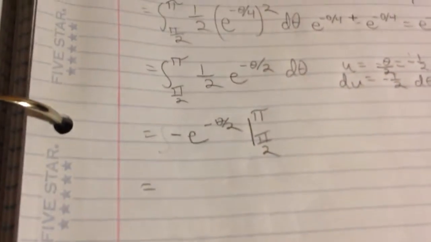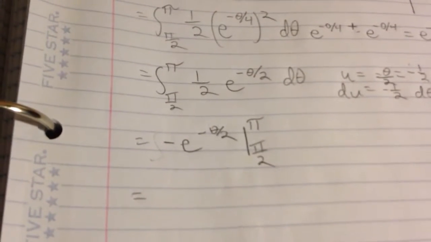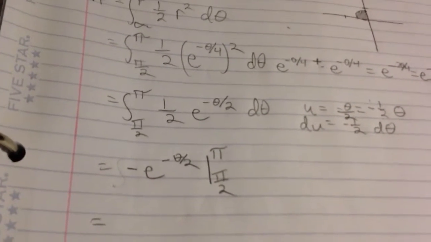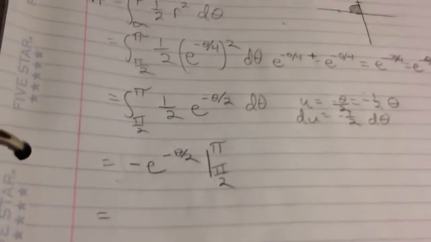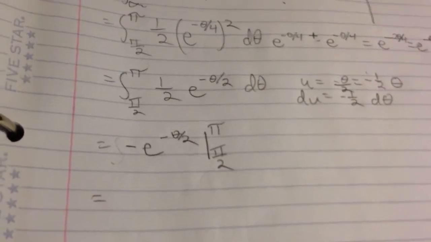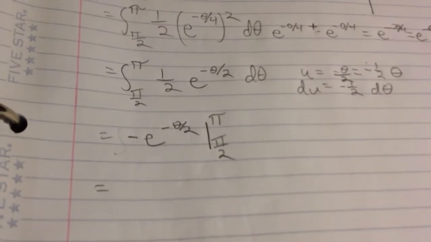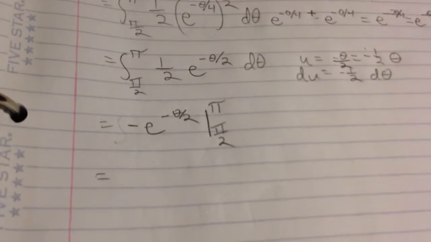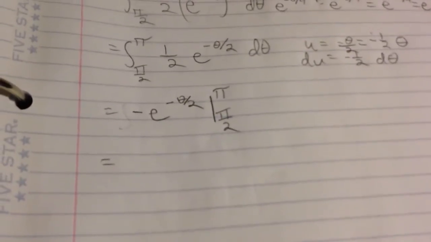And if you're confused by this, if you go online and use an integral calculator to see what the integral of 1/2 times e to the negative theta is, or I guess for most integral calculators it would be x, negative x over 2, you're going to end up with negative e to the negative x over 2. But we're using theta here, so we'll just go with that.